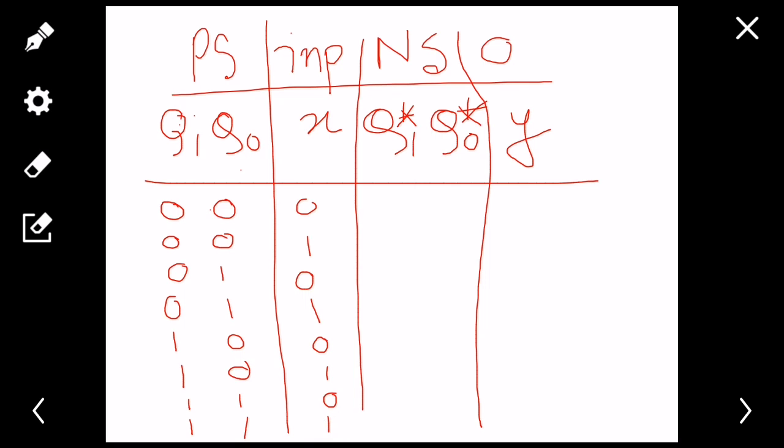So now these are the 8 combinations using the 3 bits in present state and the input.